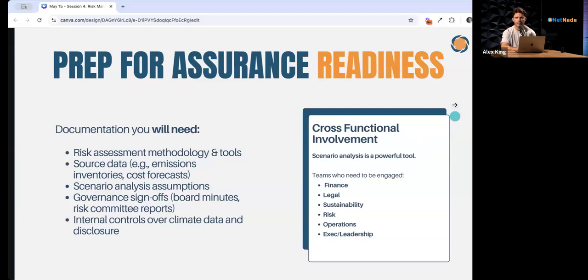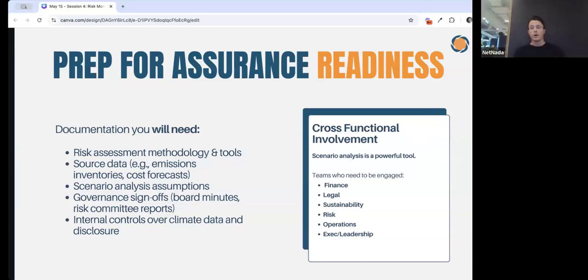And Lockie, would you recommend for companies to be identifying and speaking with their auditors now, well before these reports are due? Yeah, that's a really good point, Alex. What we're seeing a lot with our Group 1 clients is that it's really important to engage the auditor as early as you can, and to understand what the auditor will be looking through.